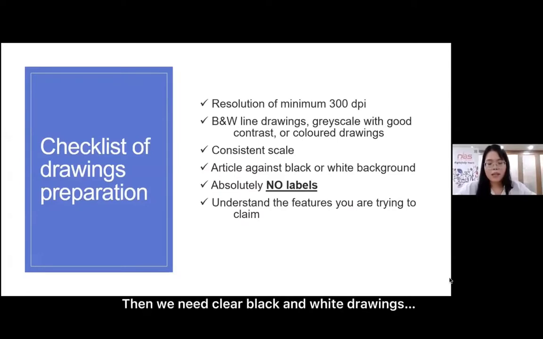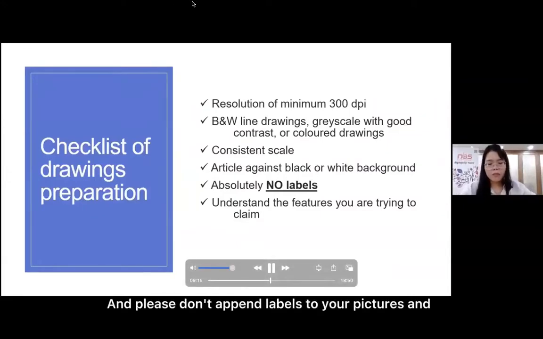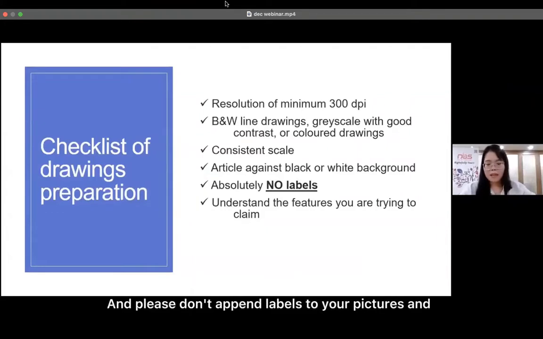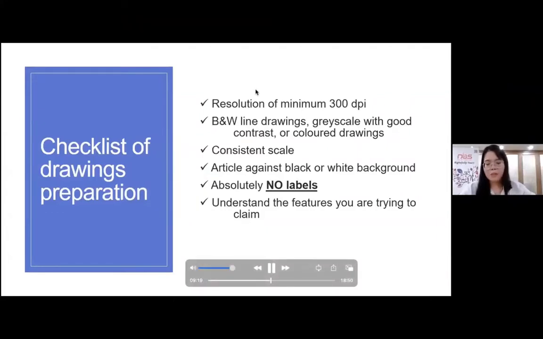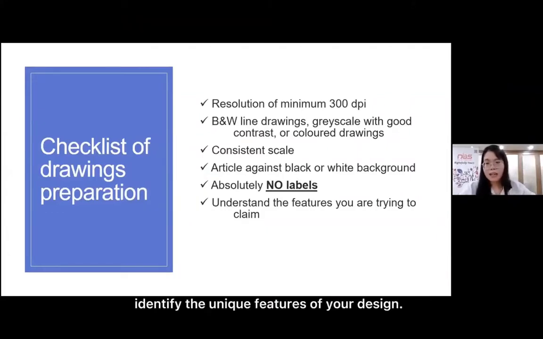Then we need clear black and white line drawings. Grayscale photos with good contrast are acceptable. Colored pictures are acceptable as well, but bear in mind that you can't claim colors under the Industrial Design Act. And please don't append labels to your pictures, and most importantly, identify the unique features of your design.